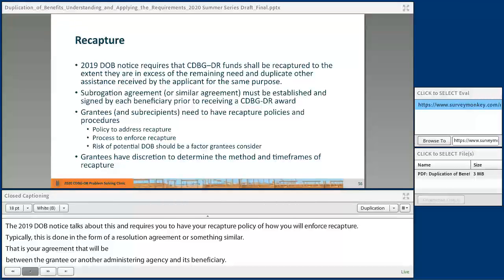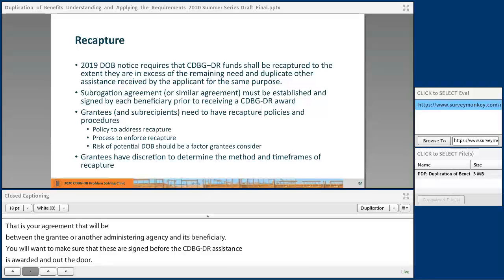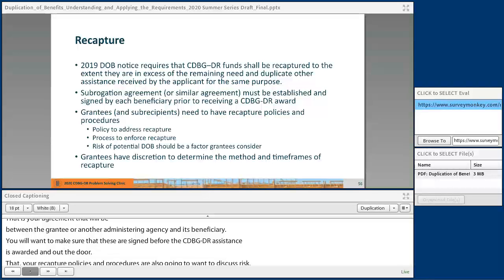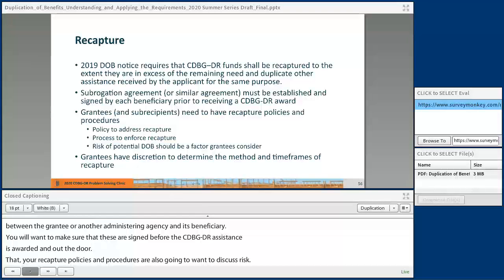But your recapture policies and procedures are also going to want to discuss risk. And the risk is really about the potential of DOB occurring, whether it's in the future or now, and how that's going to come into play. It might not be something that you're currently thinking about, but it should be.